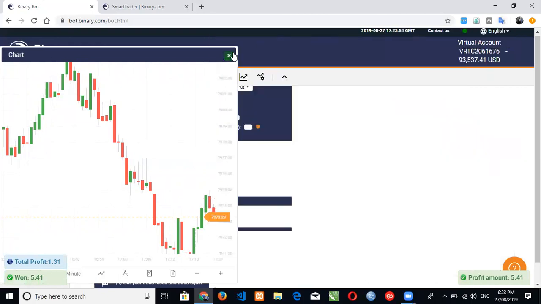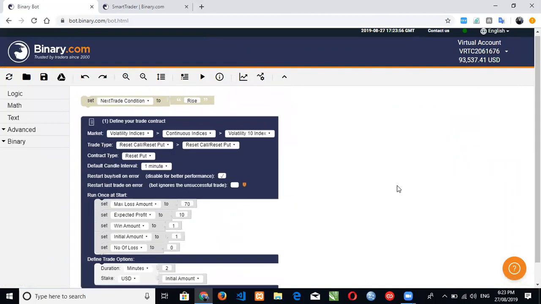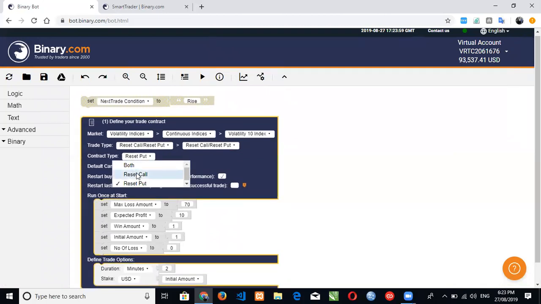Since you're observing that the market is trying to change direction, you can also decide to change it to reset call, which is an uptrend movement.